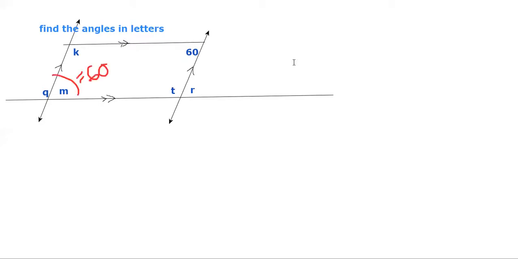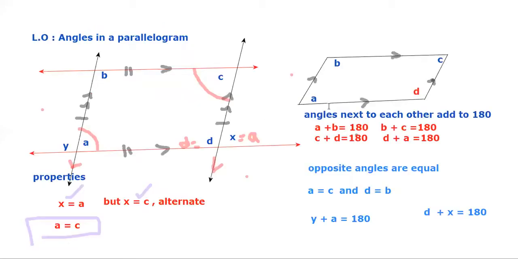Every one of you knows that M is equal to 60 because they are opposite. Remember the second property: opposite angles are equal, A equals C and B equals D.